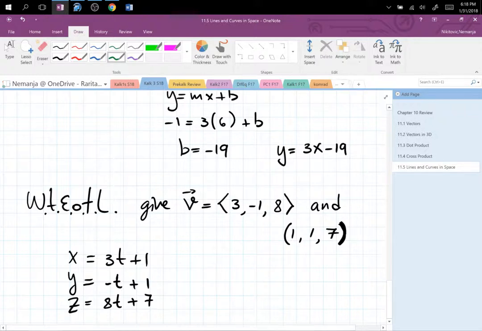Now that you are all caught up to that, vectors are free to move in space. So the vector that you have over there, 3, -1, 8, is fixed with its magnitude and its direction, but it's not fixed with the location in space.